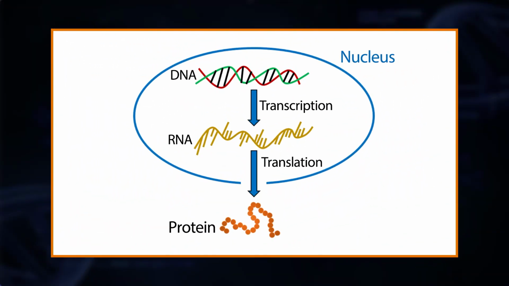Genetic information flows from DNA into protein, the substance that gives an organism its form. This flow of information occurs through the sequential process of transcription, that is DNA to RNA conversion, and translation, that is RNA to protein conversion.